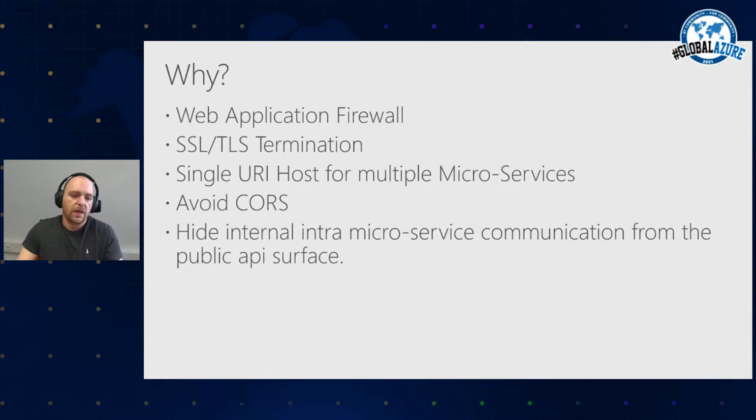Another important thing here is if you use a single host URI for multiple microservices for your final setup, you can avoid CORS requests. If you use different app services for your different microservices, each and every microservice at least has a different port number or host name.